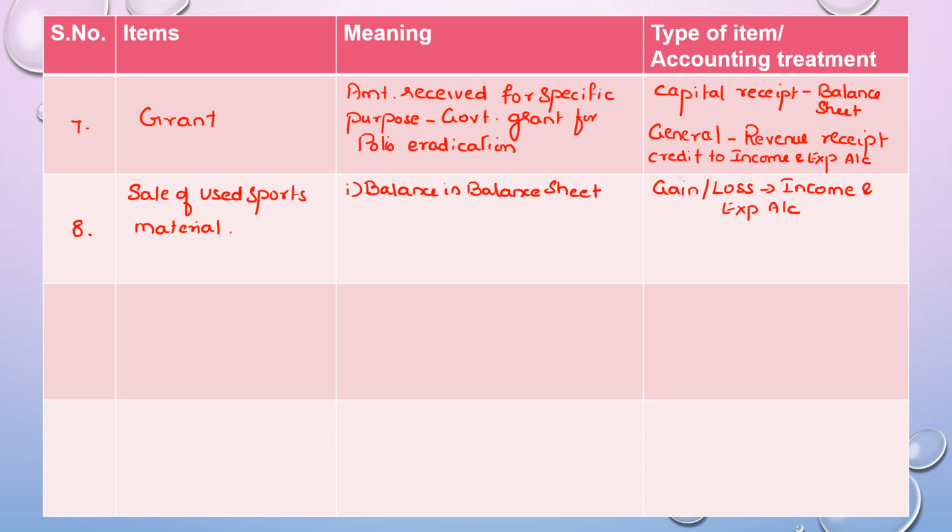So this is how it works when the book value of the sports material is still there in the balance sheet. However, there could be another situation where the item has already been totally utilized and has been totally debited to the income and expenditure account as consumed. So it has been totally consumed.